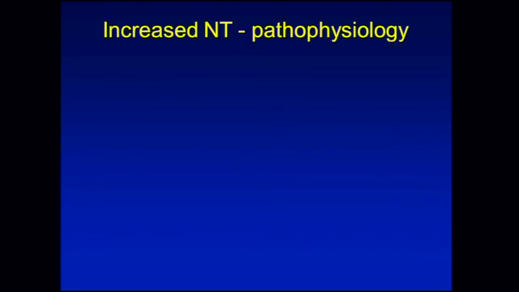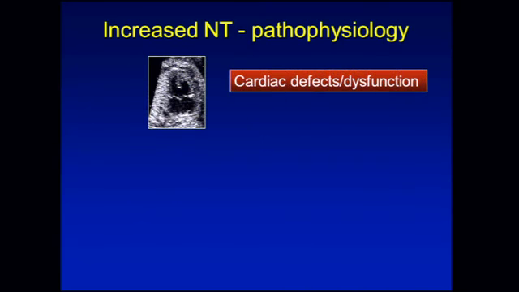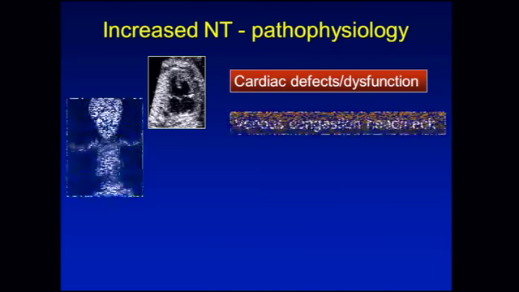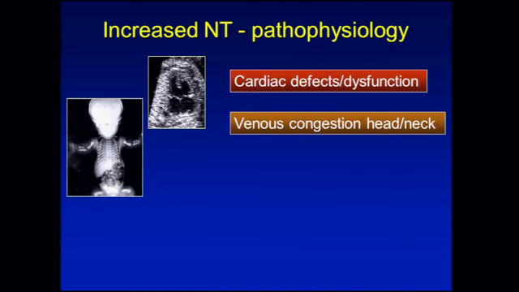There are several possible mechanisms for the pathophysiology of increased NT. They include cardiac defects or dysfunction, venous congestion in the head and neck due to superior mediastinal obstruction, and we see that when we have a narrow thorax in lethal skeletal dysplasia, or when we have a space-occupying lesion in the chest, such as diaphragmatic hernia.